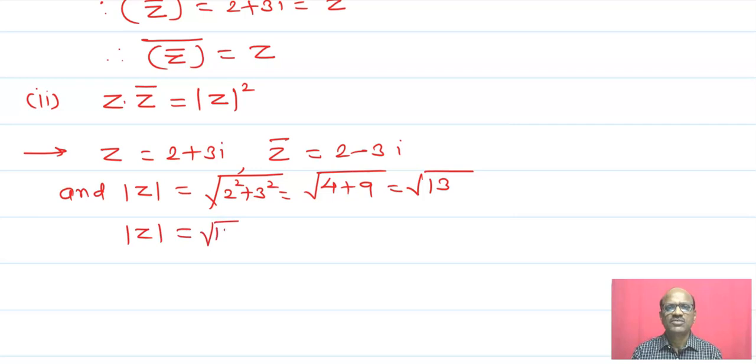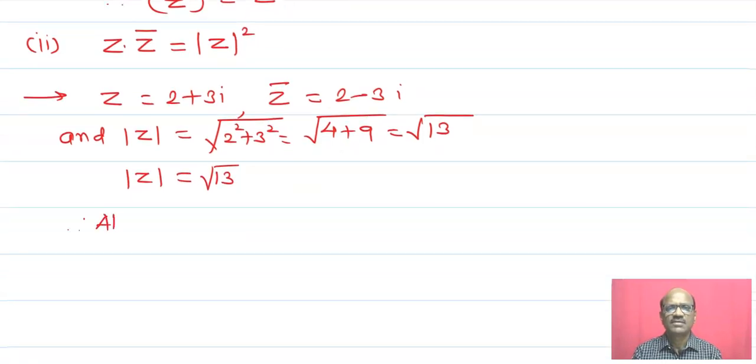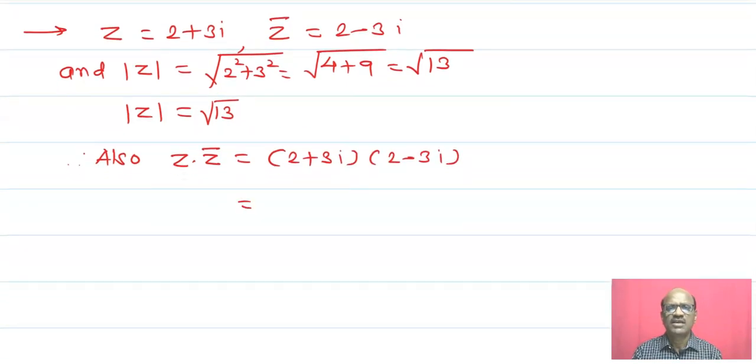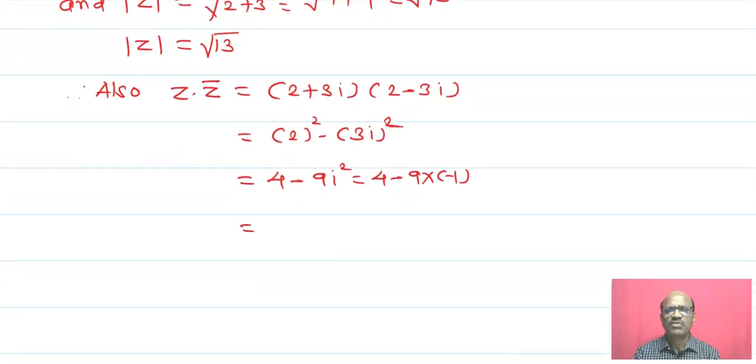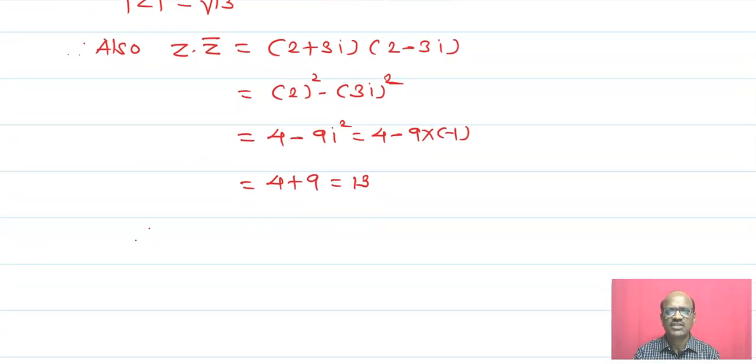That is, mod of z is equal to root of 13. Also, z dot z bar, that is, (2 plus 3i) into (2 minus 3i), their multiplication is of the form (a plus b)(a minus b), that is a square minus b square, that is 4 minus 9i square, that is 4 minus 9 into minus 1, that is 4 plus 9, that is equal to 13.